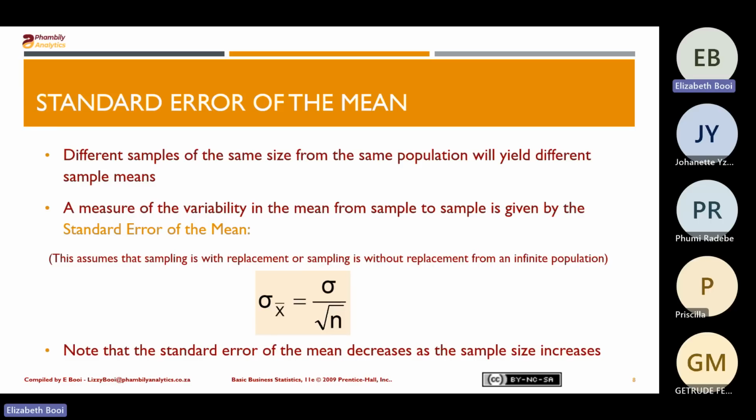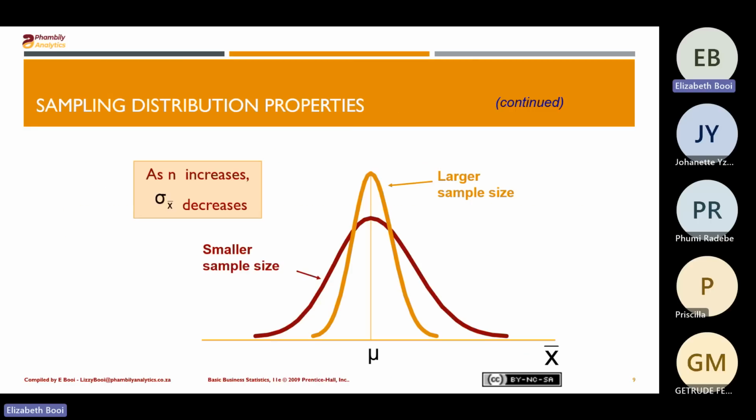That is what it says here. The bigger the sample size, the smaller the standard error. The smaller the sample size, the bigger the standard error. We're going to discuss that a little bit further based on the central limit theorem as well. So what I just explained is, as your n increases, your standard error decreases.